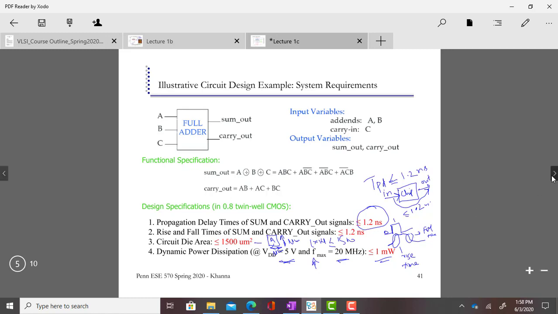Whether they can be met or not depends on the physical design: the library gates, how the library gates are placed, and how the layout mask is generated. It depends on the layout mask.